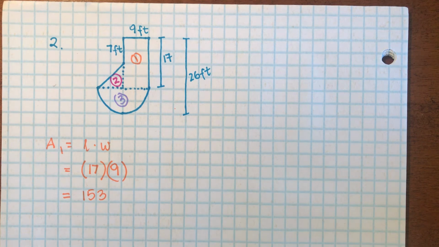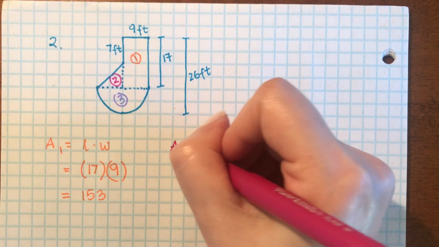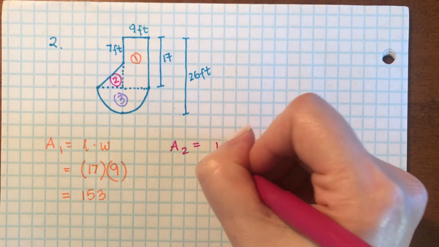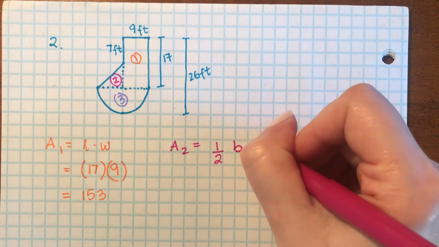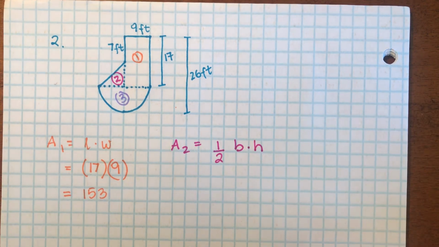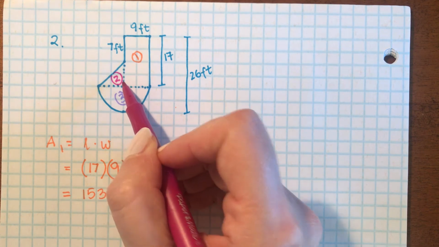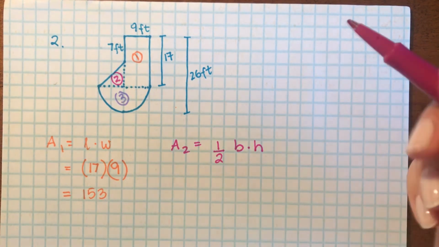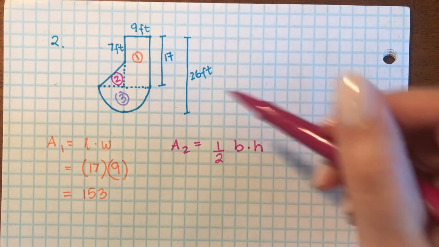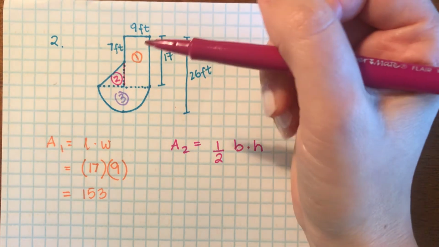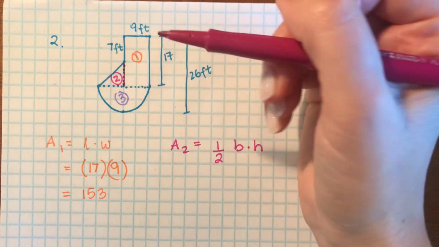Area 2 is a triangle. The area of a triangle is 1/2 base times height. So base is right here and height is right here. Let's take a look at height first, because it's a little bit easier to see. This would be your height.